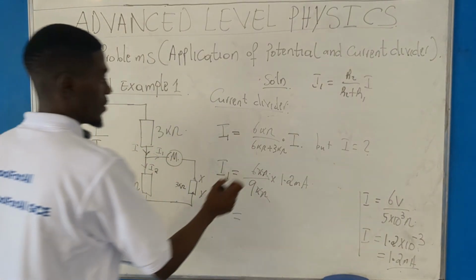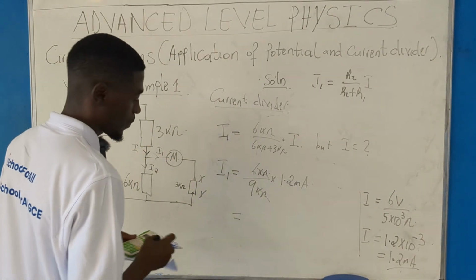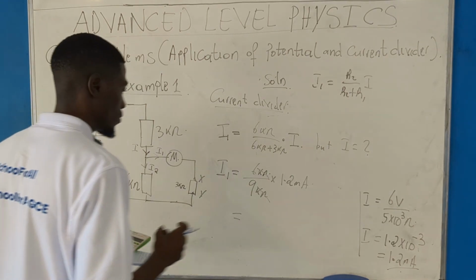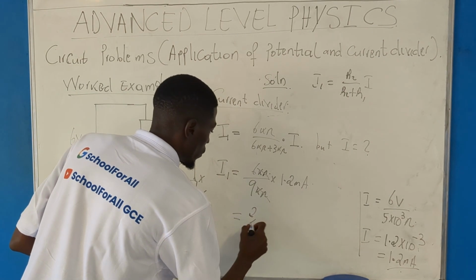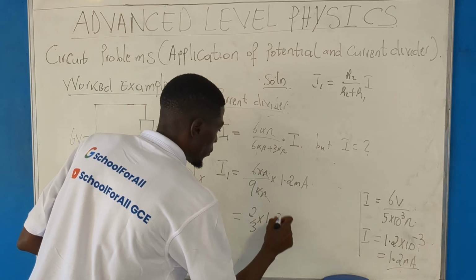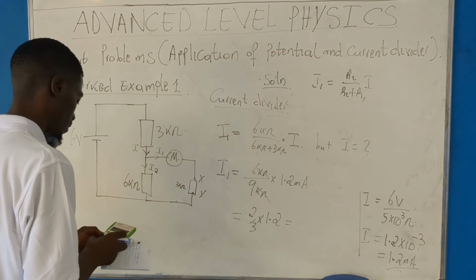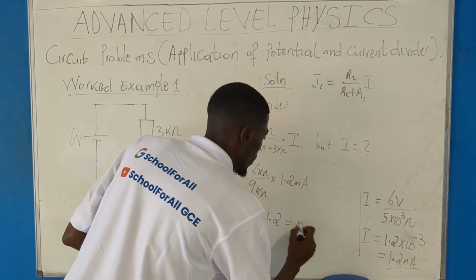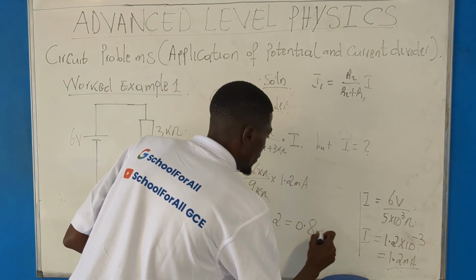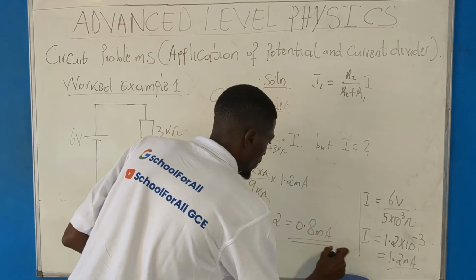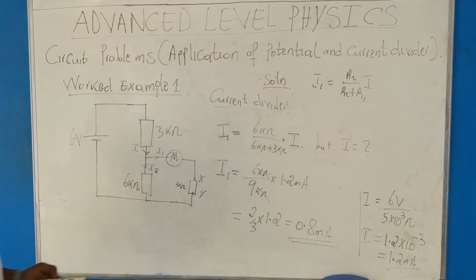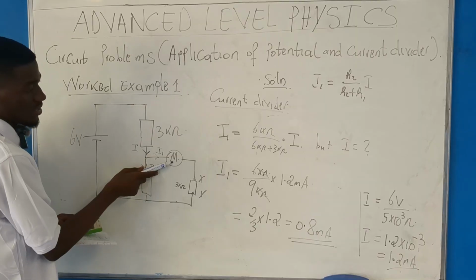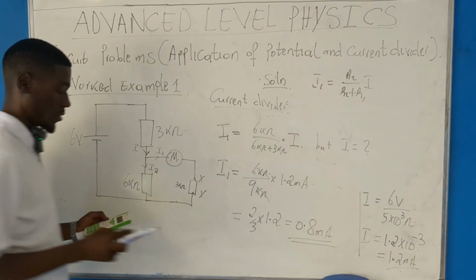When we take 6 divided by 9, we have 2 over 3, so it will be 2 over 3 times 1.2, making a total of 0.8 milliamperes. So this is the value of the current flowing through the ammeter by applying current divider.